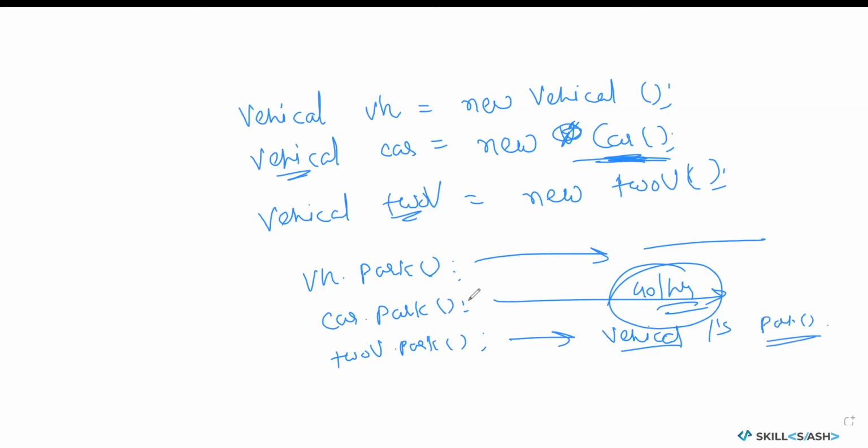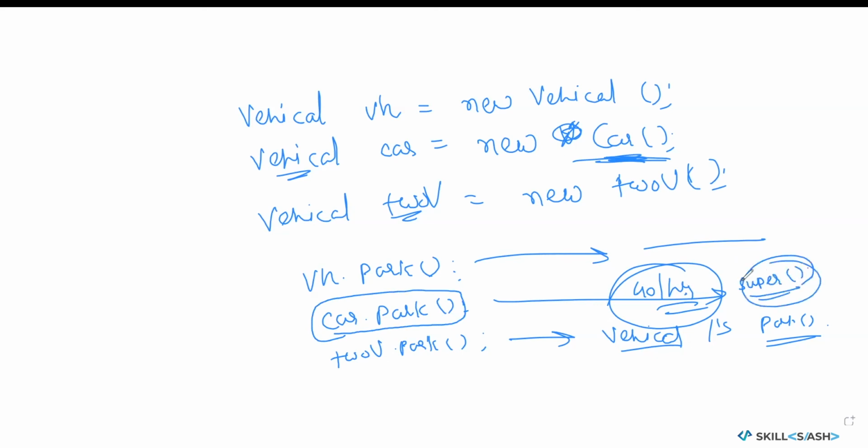In this way, we can understand how the park method, which is polymorphic, can be called, where it will be used, and how to use it. It will be used for reusability. Say you want to add some business logic in Car, like 40 rupees per hour, and then you call super.park.